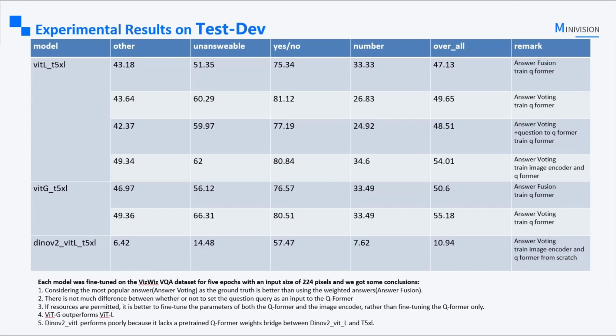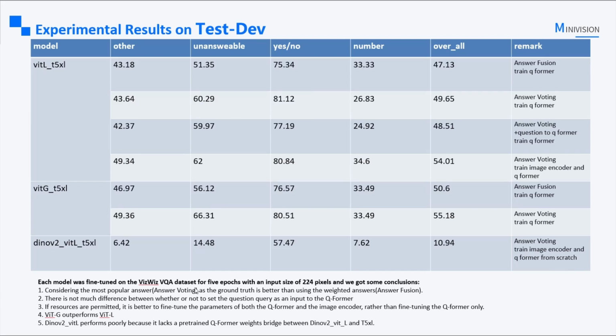The first one is, considering the most popular answer as the ground truth is better than using the weighted answers. The second one is, there is not much difference between whether or not to set the question query as an input to the Q-Former. The third one is, if resources permit, it's better to fine-tune the parameters of both the Q-Former and the image encoder, rather than only fine-tuning the Q-Former.